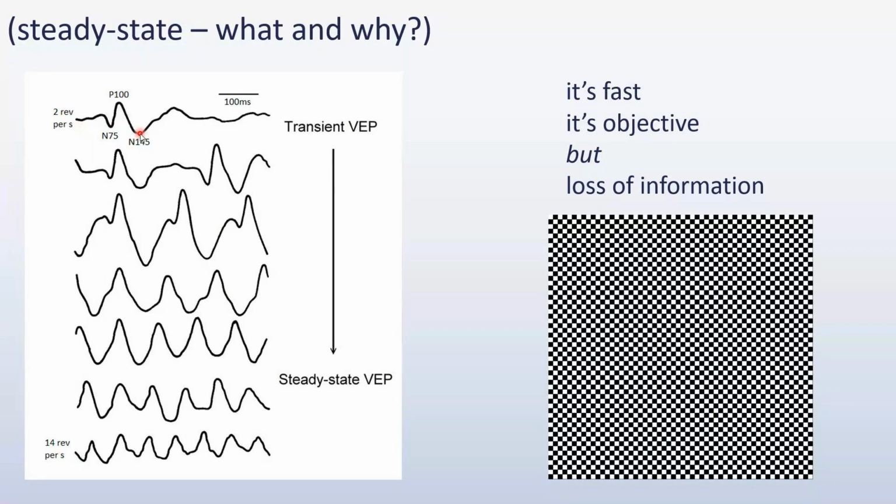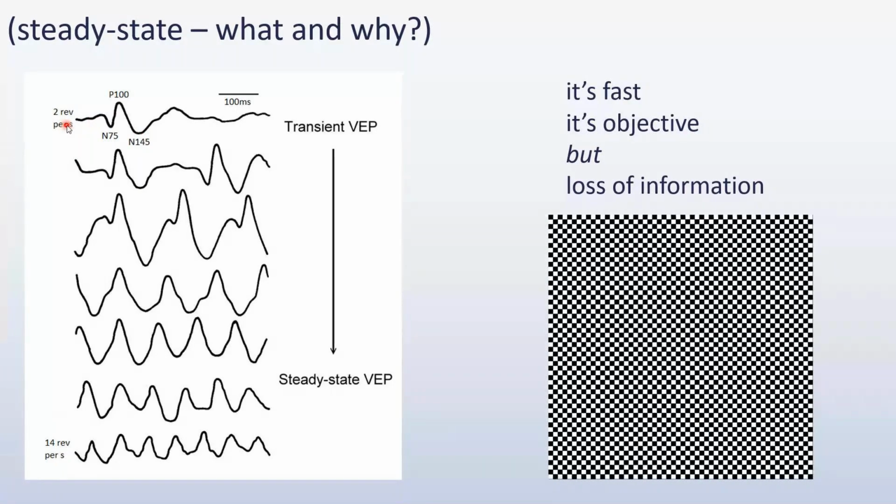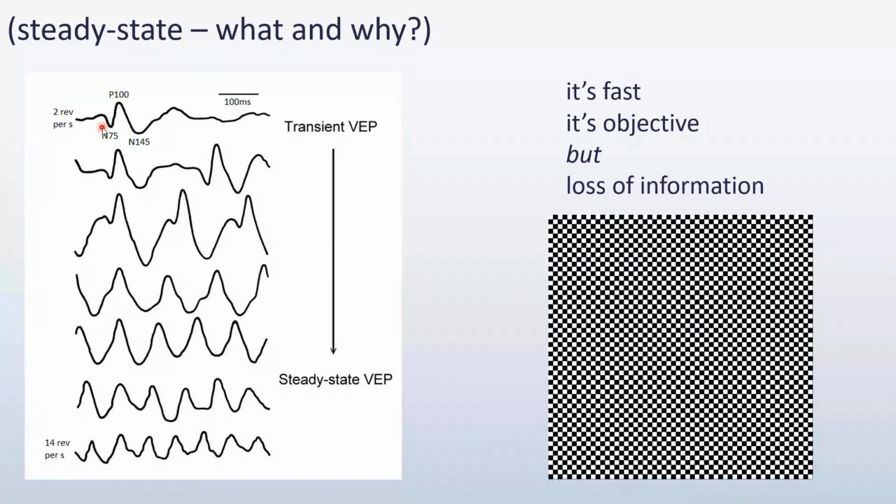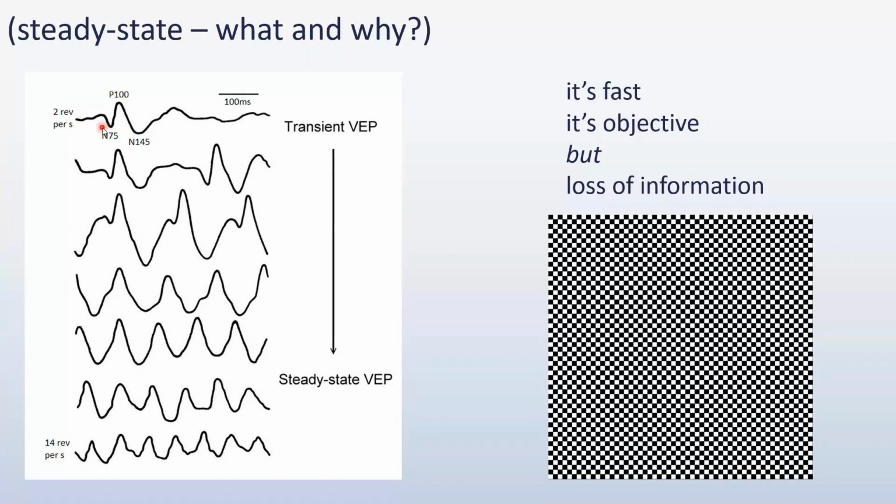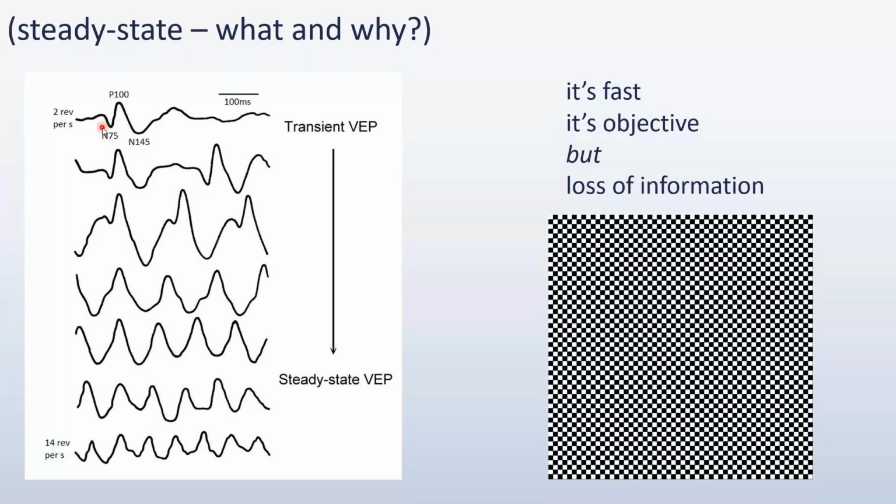We elicit that with a stimulus that typically reverses maybe once or twice per second. Now, this is a transient response, by which we mean that the relevant brain mechanisms are able to return to their resting state before the next stimulus occurs, i.e. the next pattern reversal.